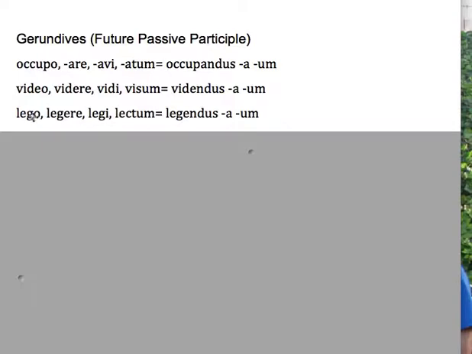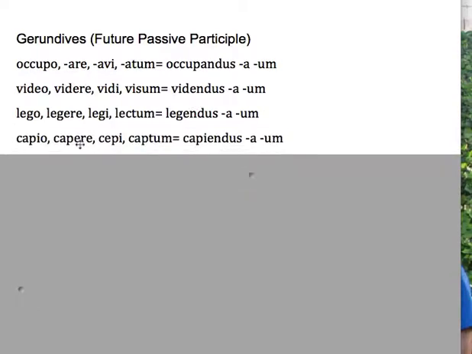For a third conjugation verb, lego, legere, legi, lectum, it will look like this: legendus, -a, -um. Note the ND, note the -us, -a, -um. First and second declension pattern. You'll notice I'm not saying here's how we form these, because you don't have to know. I'm just giving you a chance to see the different possible forms.